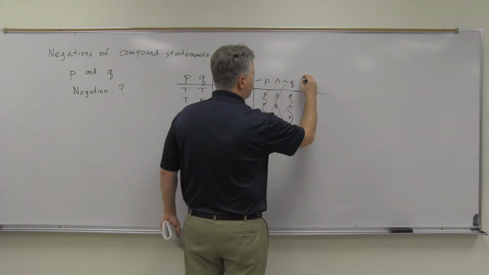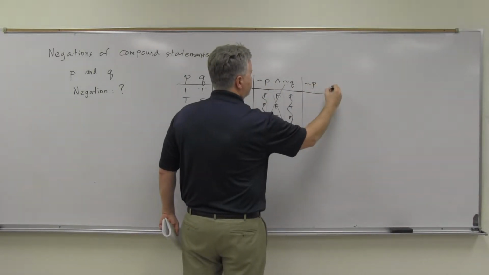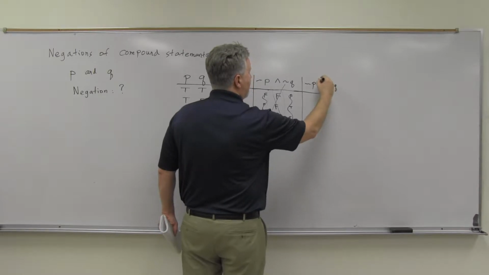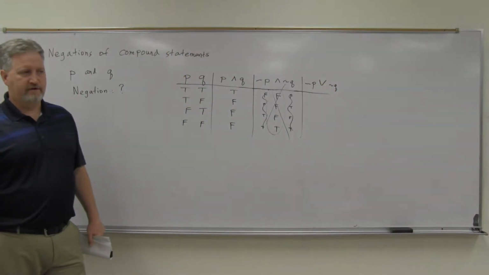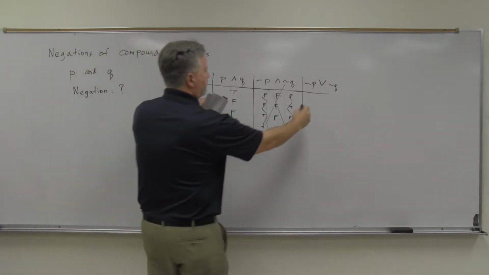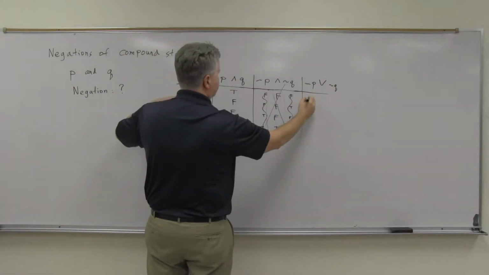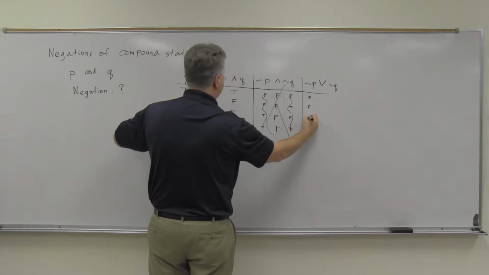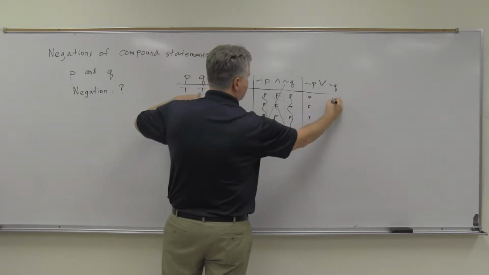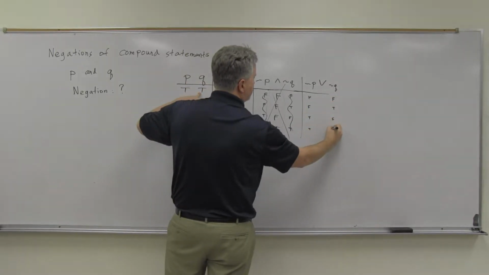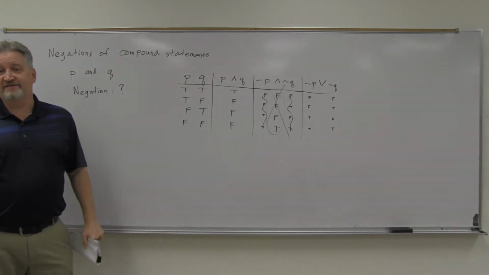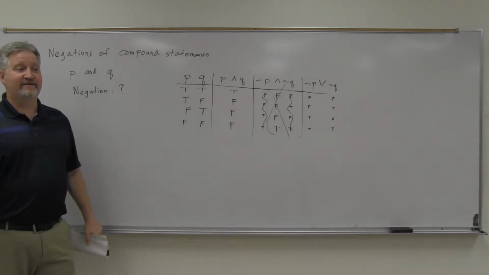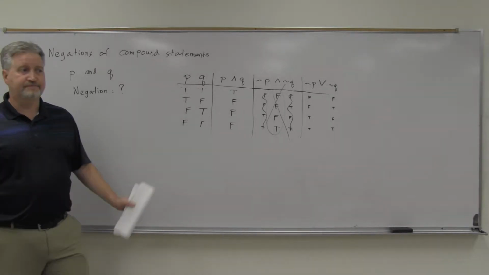Turns out, if we look at negation P, negation Q, but we also do this, change that to or, let's see what happens there. So again, we have negation P, negation Q, so it's false, false, true, true. And negation Q is false, true, false, true. We've changed it to or, and so that changed things up because or is true when just one of them's true, right?